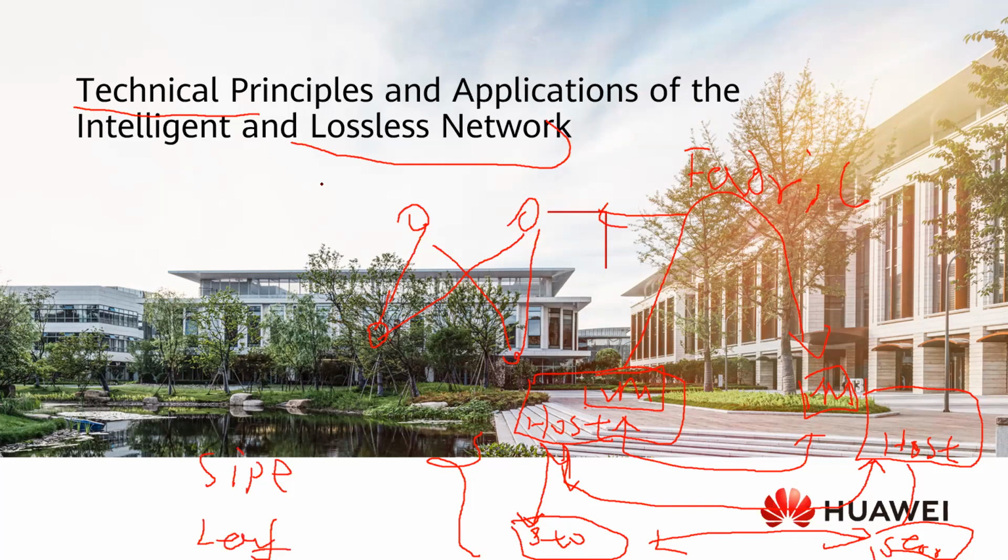But the bigger difference between this spine leaf and that spine leaf is that for this part, between the host server and the storage server, the network needs to be lossless.